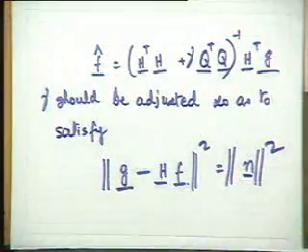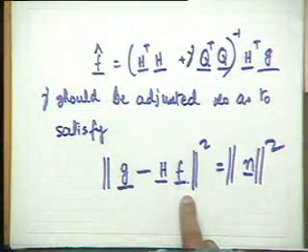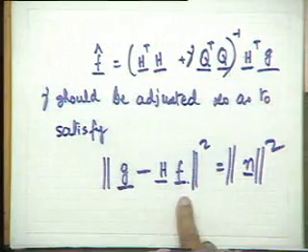So now, if it is possible for us to measure this n square, if from the given image we can measure this noise power n square, then it should be possible for us to make an adjustment on this F hat so that we fulfill this.